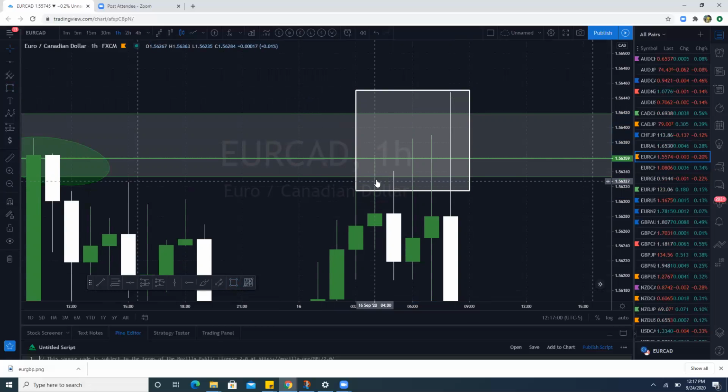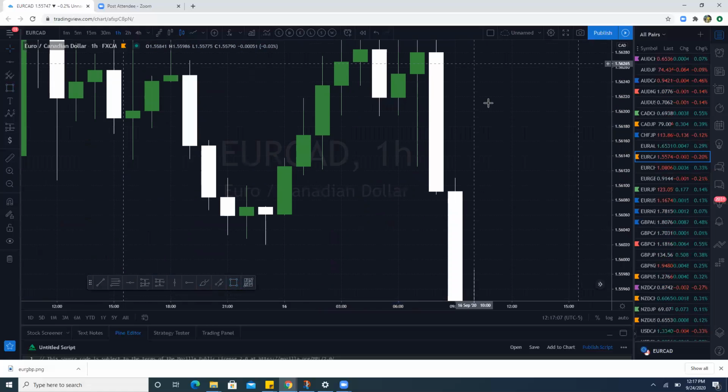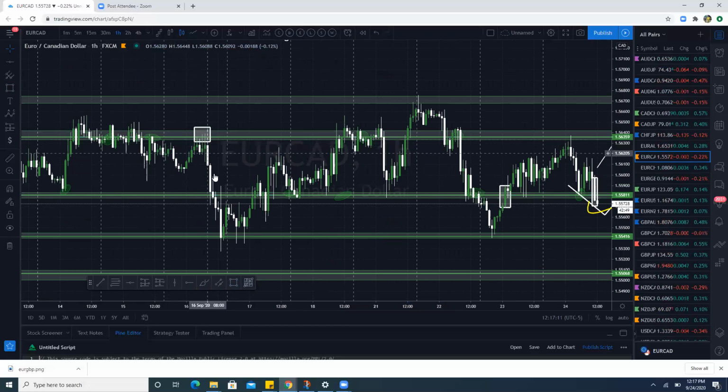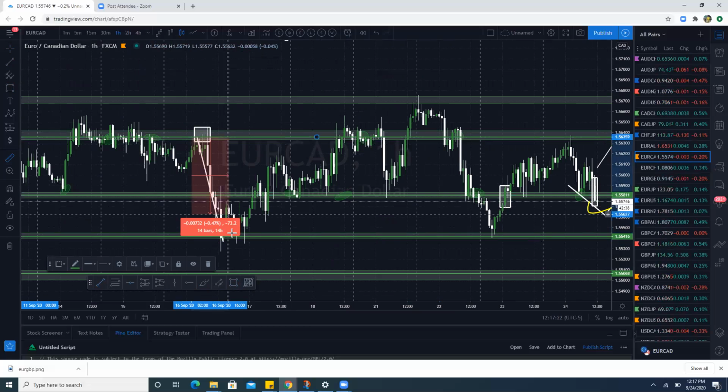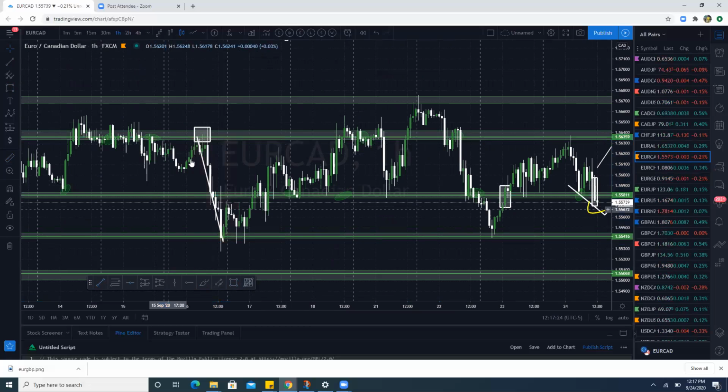See, this is 1, 2, 3, 4, 5 wicks. That's a very strong vector right there. And what did it lead to? It led to a huge move down. These strong vectors signaled a huge move down. Let's measure that real quick. It was a 100 pip move down, signaled by those vectors.